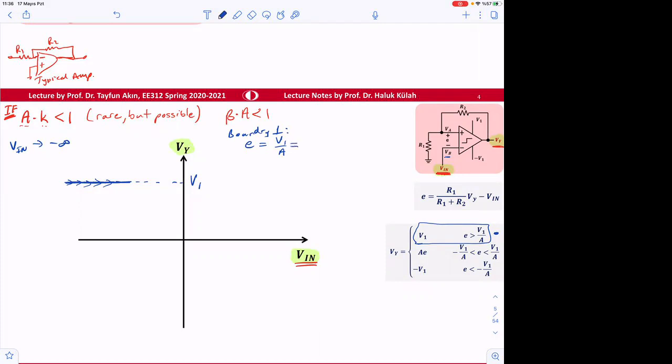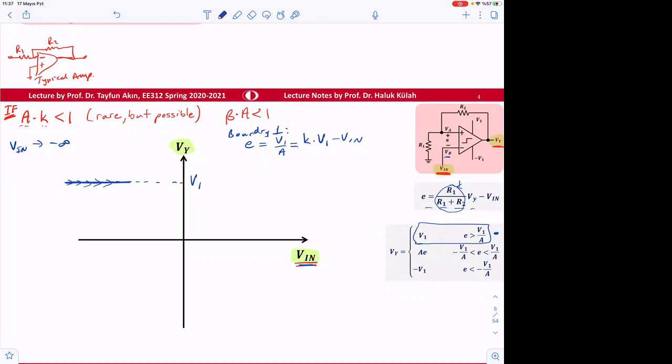So what is V1 divided by A or E? What is E? Remember from the equation, E was this value, and we said this is K, right? And so therefore, when this is the case, K times V1 minus Vin. And here we can find for which value of Vin things will start changing.